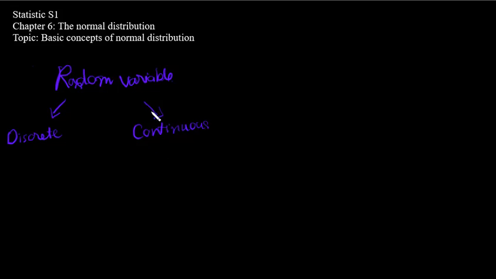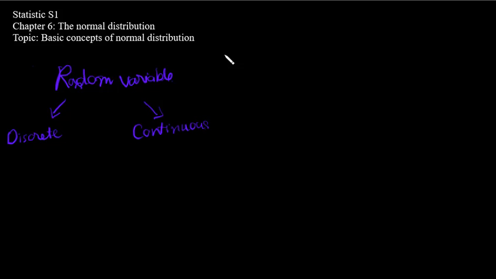When we learned about the binomial distribution, the binomial distribution represents the discrete random variable, so the normal distribution will represent the continuous random variable. This is the difference between these things.